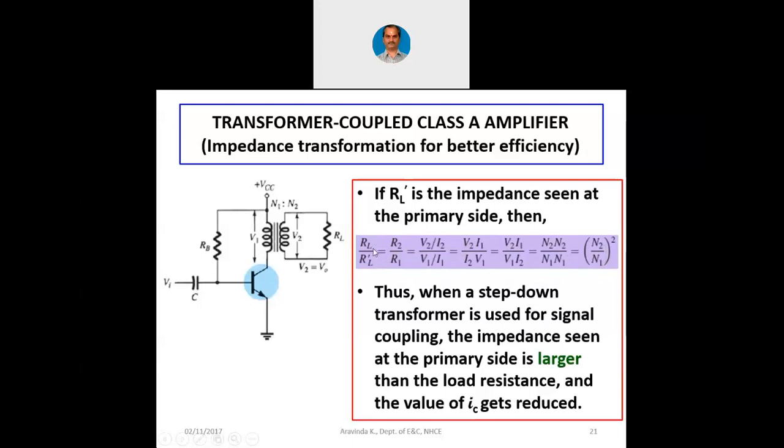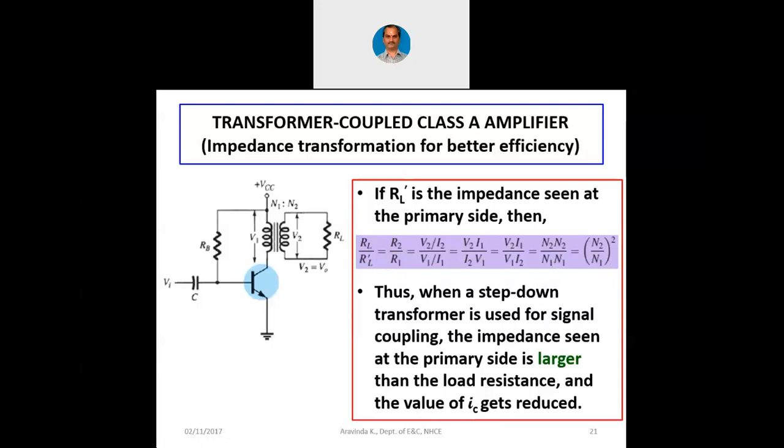You can see RL dash by RL is equal to N1 by N2 whole squared. So if N2 is smaller and N1 is larger, then RL dash is larger. We will have to use a step down transformer.